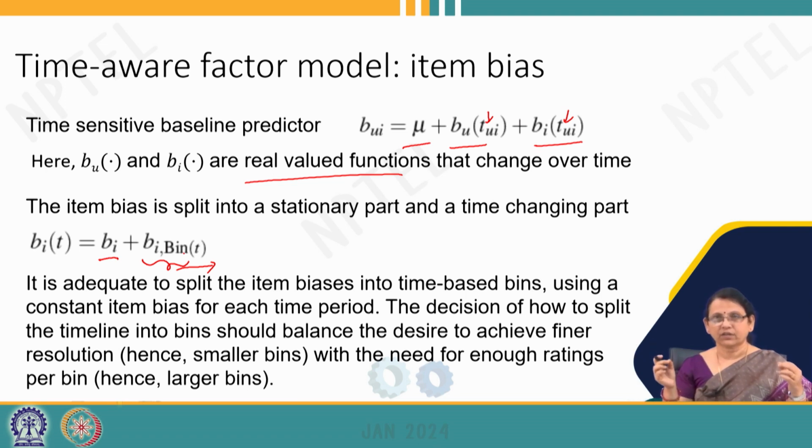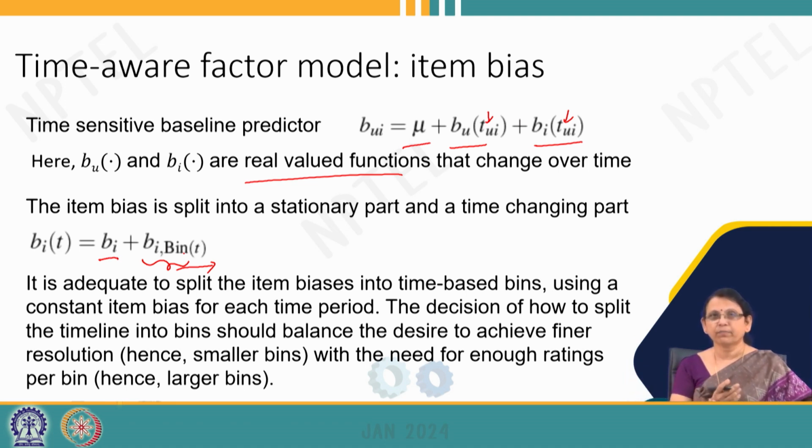Depending on the nature of the data, we can maybe take 1 week, 4 bins we can make. Or if the variation is too much and the number of observations is large, then you can take maybe 1 day. Or if your observation period is very large, maybe 1 year, then maybe 1 month is a good choice.